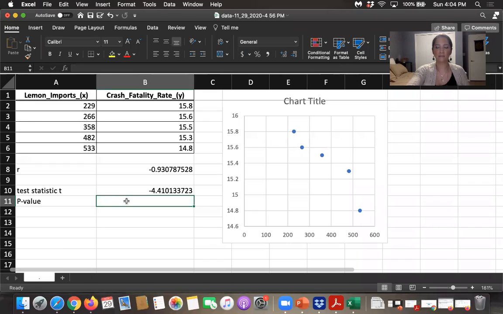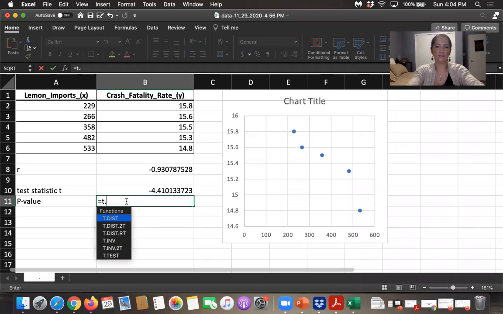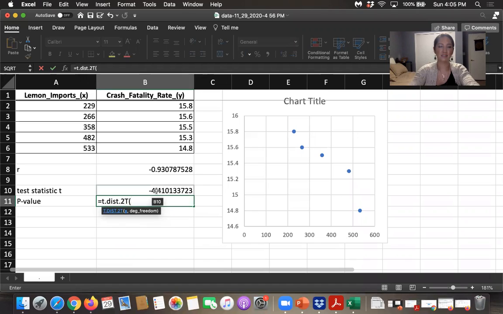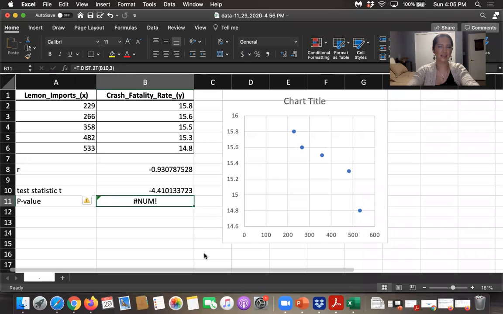This is very simple. Just type equals, and then you can type t.dist. Oops. And then since we're looking for a two-tailed test, I would type 2t afterwards. And then open parentheses, and it wants the test statistic. So we'll select that, the number of degrees of freedom, which we know to be 3. Oops, and it does not like that one.